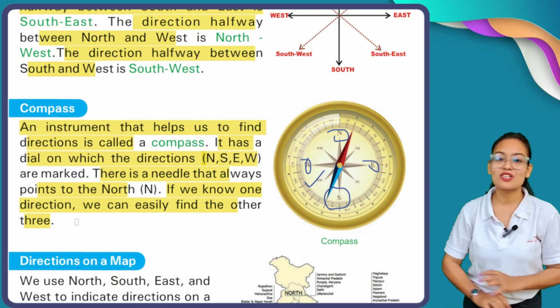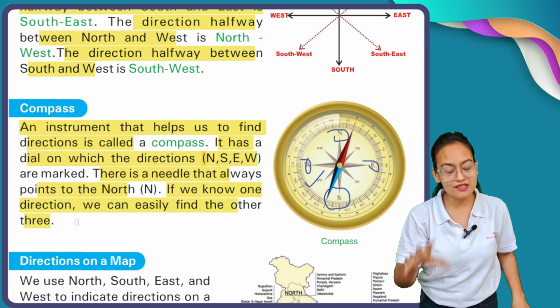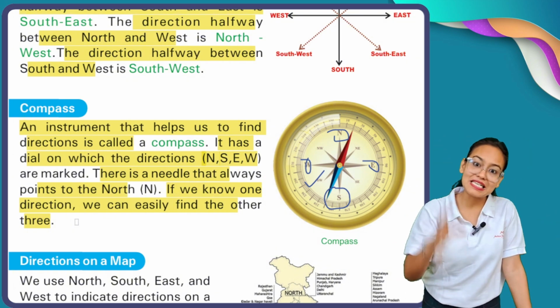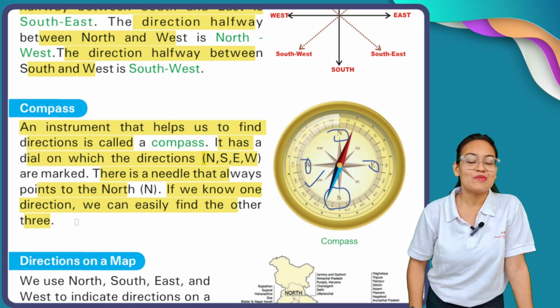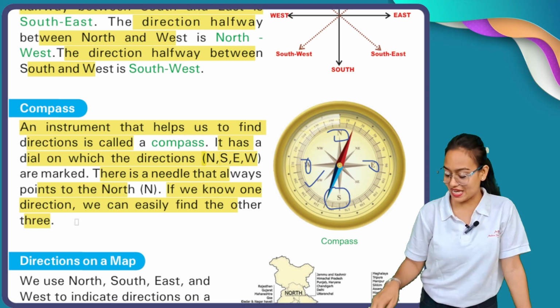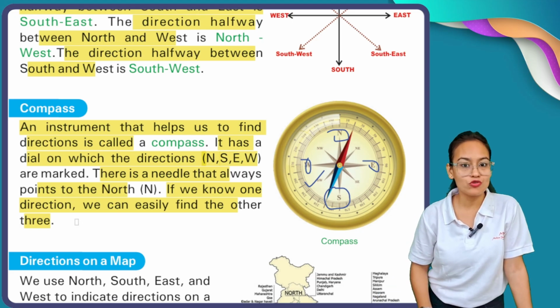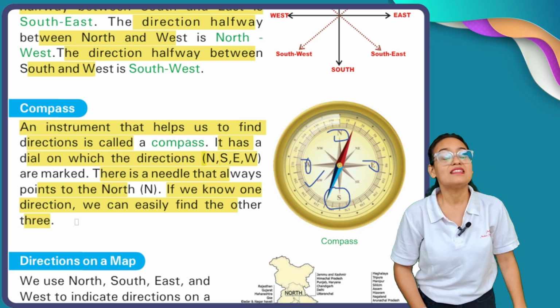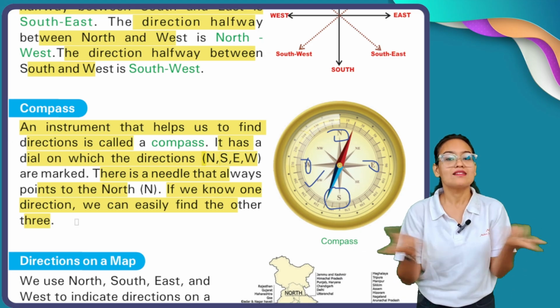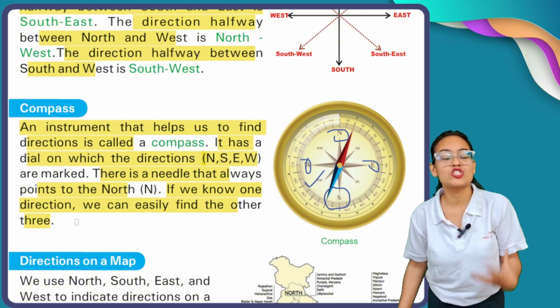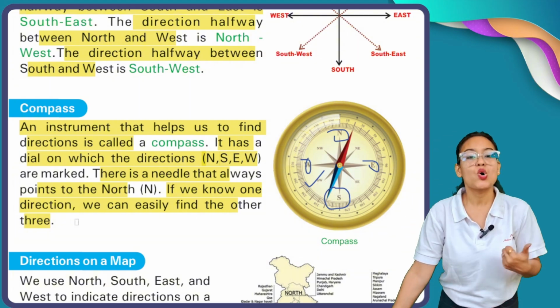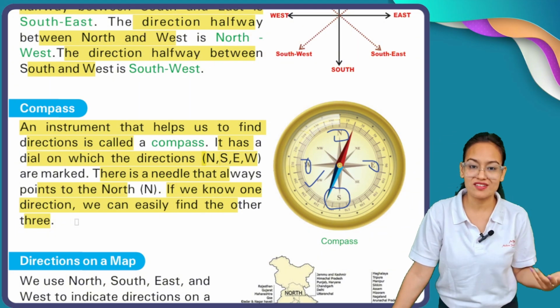But here comes the question: why does the needle in this compass only show north direction? Because among the four directions, if you know this is the north direction, then you can easily calculate the rest of the three directions. That's why the needle in this compass only shows one direction, the north direction.